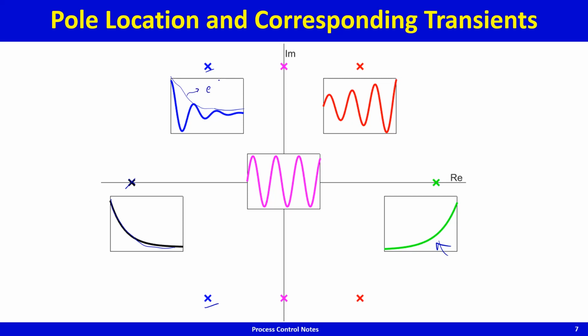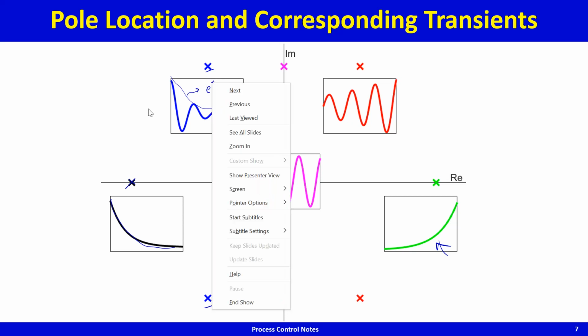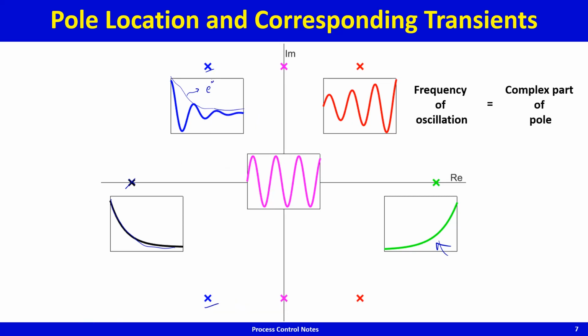e to the power, hang on, e to the power real part, and just to be clear, I'll say magnitude of the real part and put a negative sign there, times t. Okay.